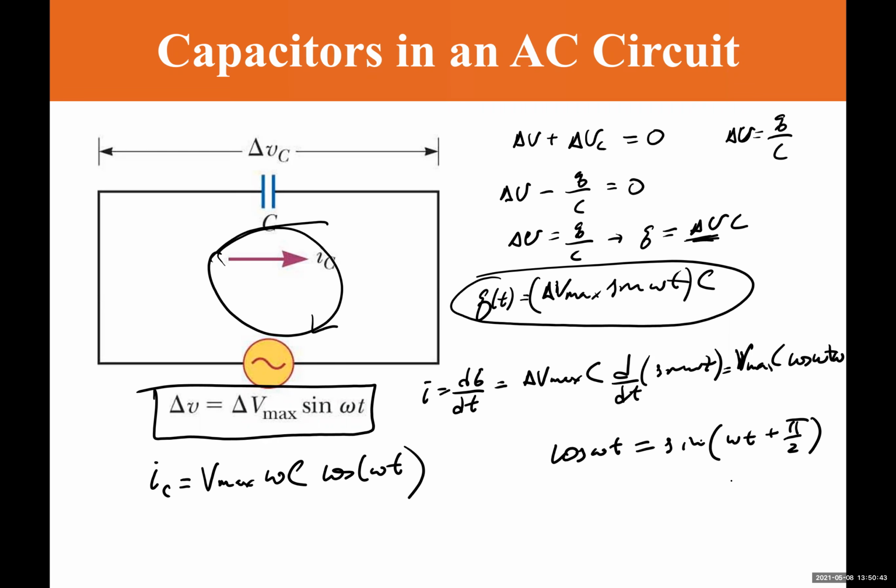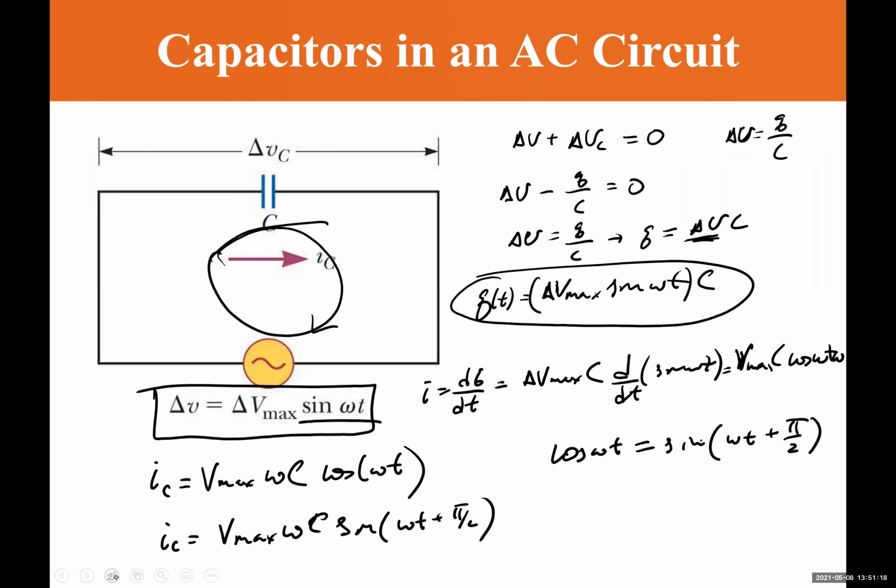Plus pi over 2, we want to do that to see, if we represent both of them in terms of sine, whether they are in phase or out of phase. If I replace this, because they're equivalent, I have V max times omega times C times sine of omega t plus pi over 2, so I can see that those two are out of phase by exactly pi over 2 radians.